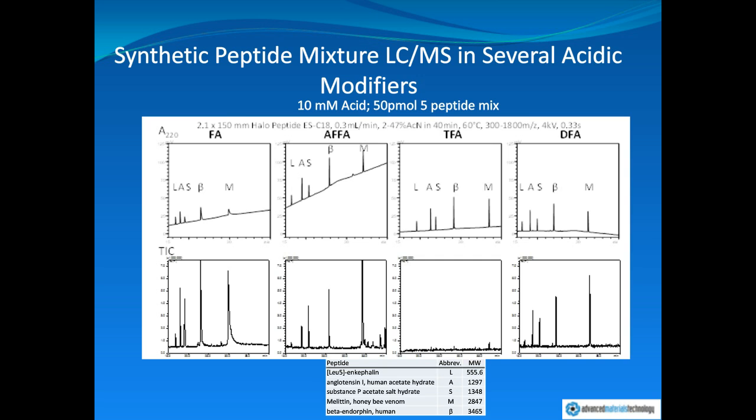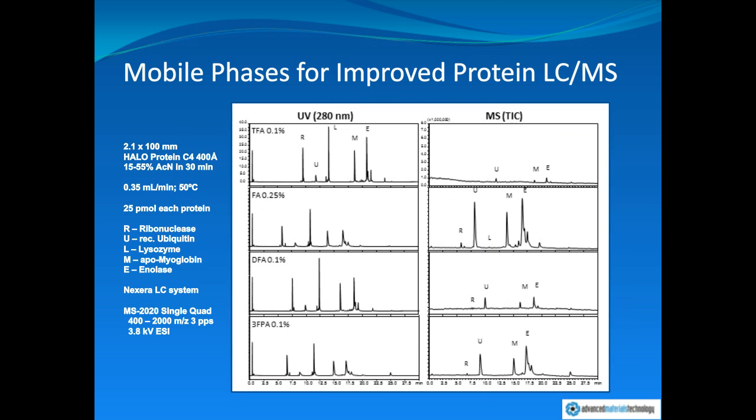For proteins, it's a slightly different story, and really this is a molecular weight dependent function. But again, we see a similar pattern. Formic acid works great for mass spectrometry, not as good for many proteins as trifluoroacetic acid. We can see this by comparing the UV signal on the left-hand side of this panel versus the mass spectral signal on the right hand.